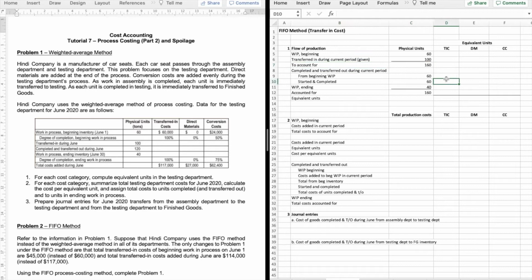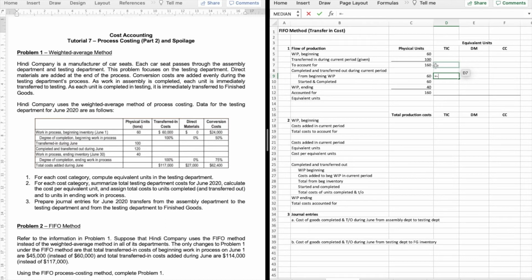And now we are going to calculate the equivalent units. Also remember, when we want to calculate with the degree of completion for the beginning work in process, we calculate the rest of the percentage of the degree of completion. So for example, here we have 100% in transferred in cost. It means that when we calculate here, it's 100% minus the 100% from the information here.